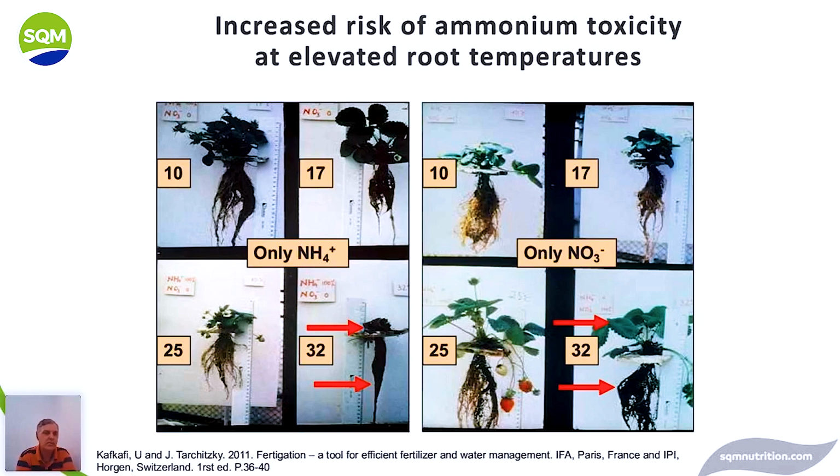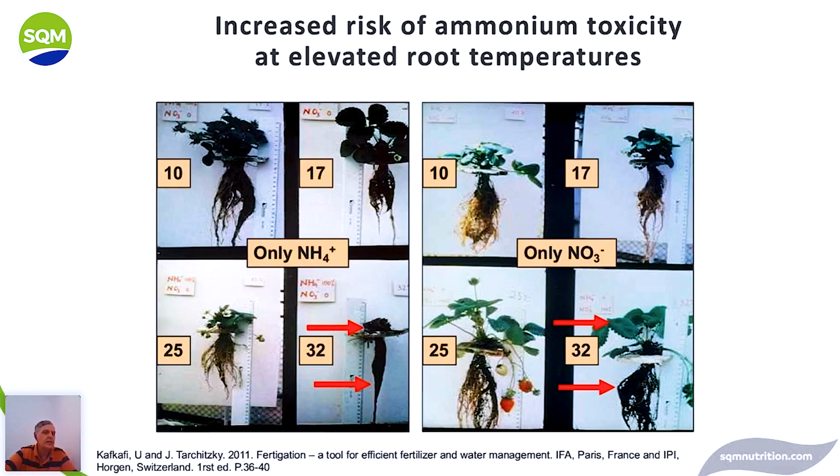And why this? Why in higher temperatures did the plant that was fed only with ammonium die and with nitrate not? That's due to the nitrogen cycle inside the plant. When the plant uptakes ammoniacal nitrogen, that nitrogen will be converted to amino acids and proteins in the roots.